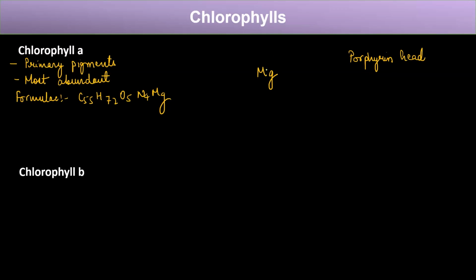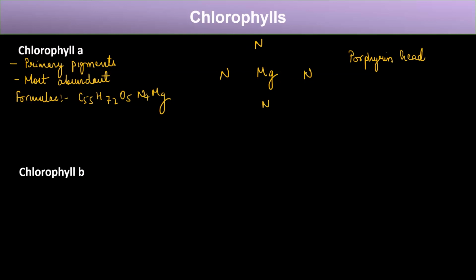So it has magnesium in the center, and then it has four porphyrin rings. So this is 1, this is 2, this is 3, this is 4. These all 4 rings are connected to each other and they have nitrogen atoms in them.